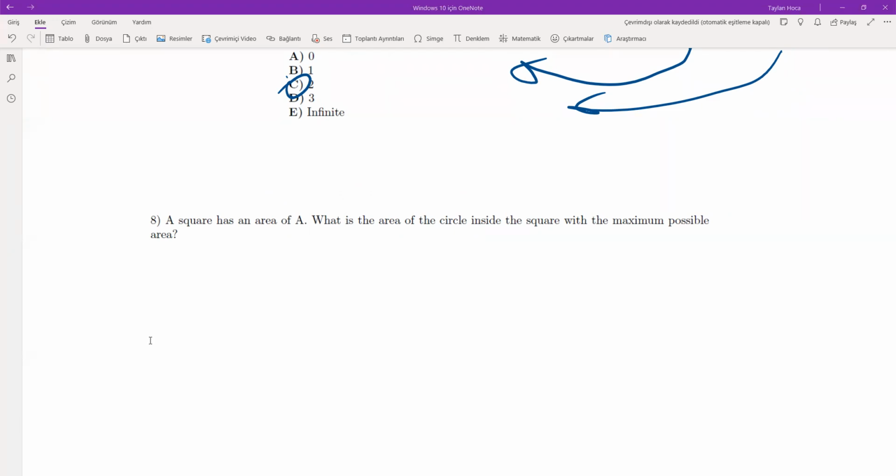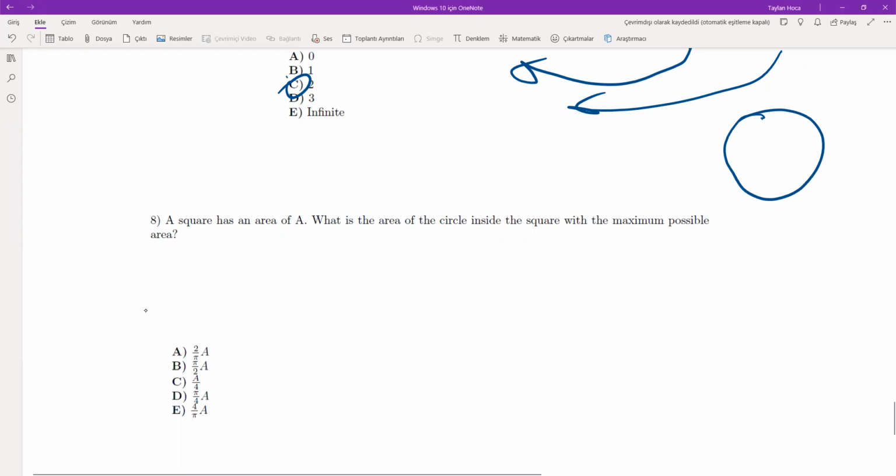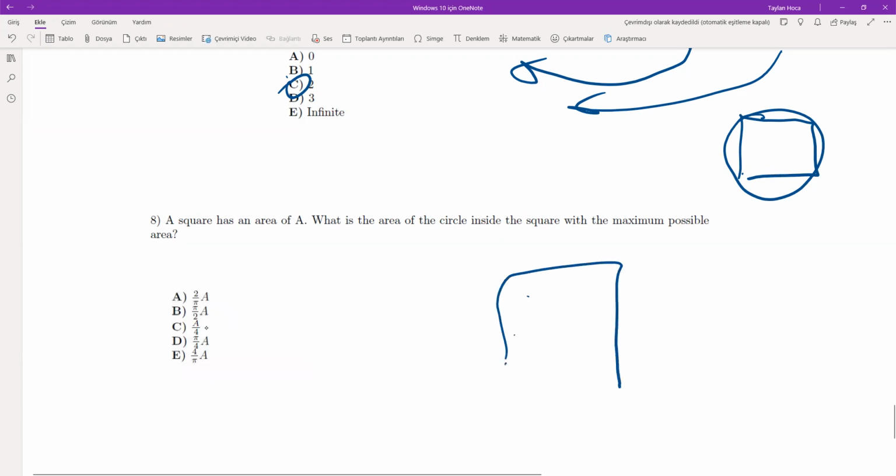So this was a previous year's sample question, but I changed it a bit. Now there is a circle inside the square with the maximum possible area. Square's area is A. So what's the area of the circle inside the square?